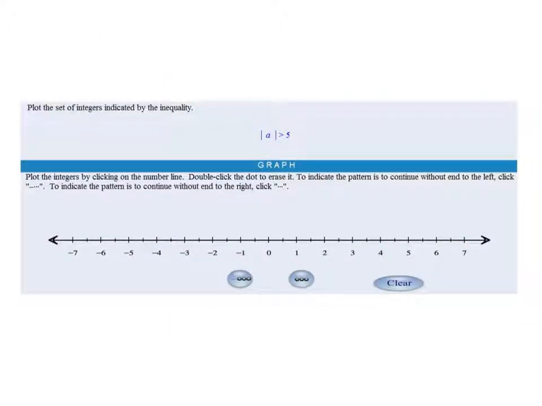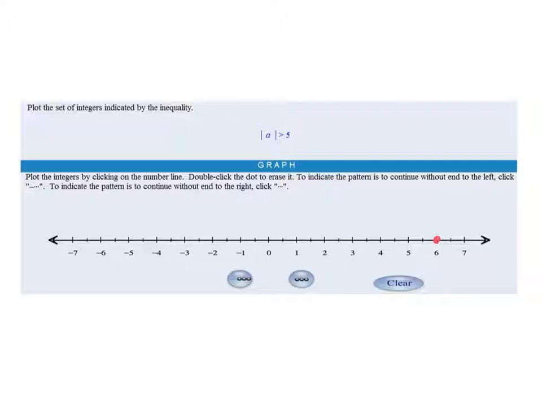This example says that we want all of the integers whose distance from 0, remember that's what absolute value means, is greater than 5. Okay, that's the far away numbers again. I want it far away from 0. Well, since it didn't say or equal to 5, I don't get to put a dot at 5, so I got to go to the next spot.